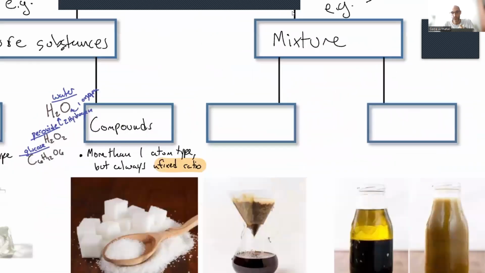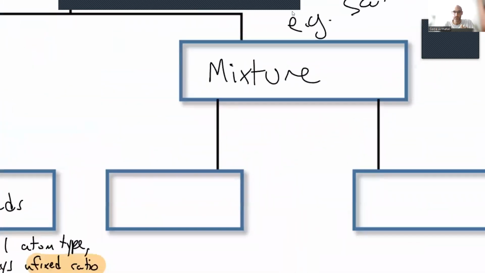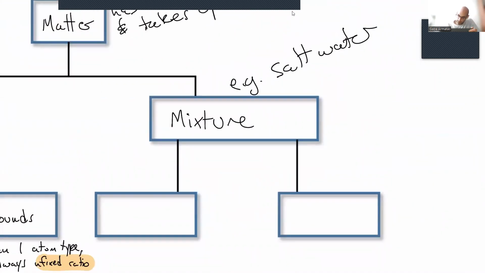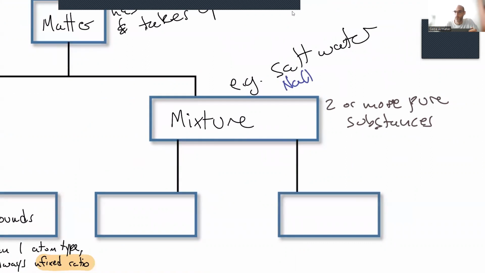Next up, we take a look at mixtures. A mixture is very easily defined as two or more pure substances. The example I have above is salt, which is sodium chloride, table salt, and water, H2O.